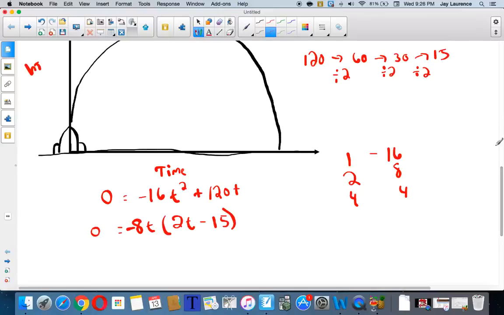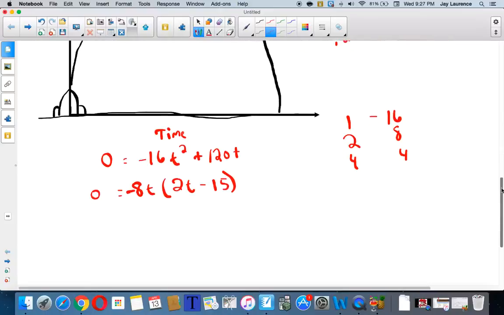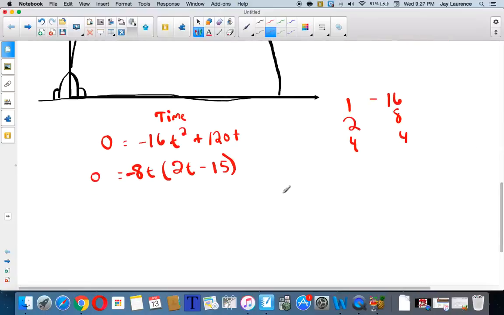All right, so actually I said I was going to do parts A and B first, but I'm not doing parts A and B. If I solve both of these for 0, negative 8t equals 0, and I divide by negative 8 on both sides, I get t equals 0.